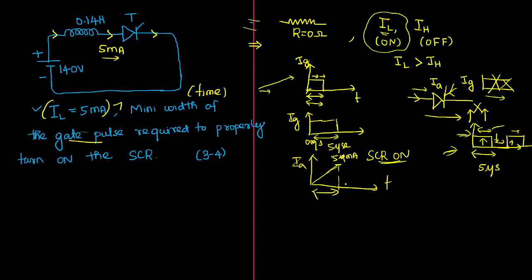That's all. Now you might have understood why I am spending so many minutes here. Because in some cases, in the examination, instead of giving an inductor alone, they will give an inductor plus a resistor. In that case, you will be dealing with the complete transient effect.